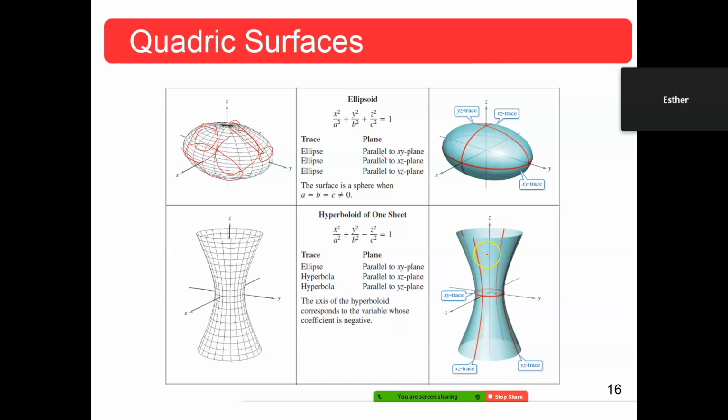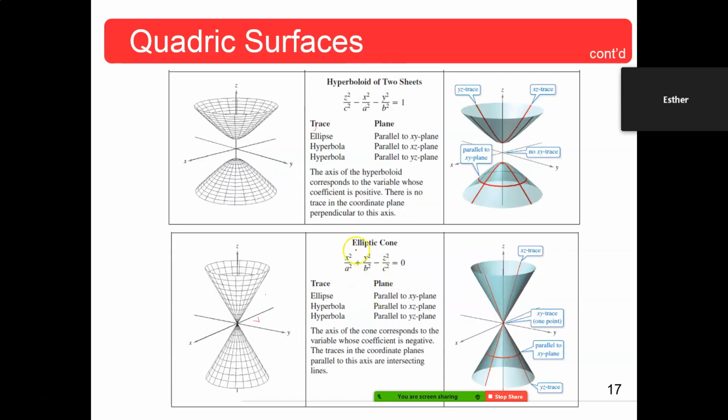These are ellipses along here. Every trace along there is an ellipse, which we saw here too. But the traces in the XZ plane and in the YZ plane, those are all hyperbolas. And that's what they show here.